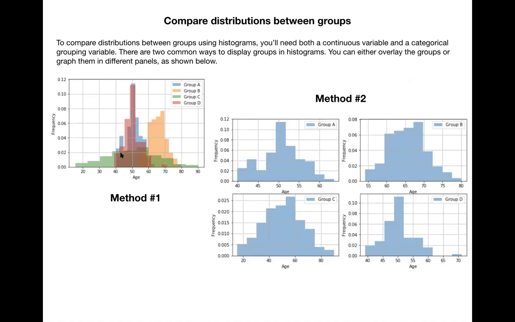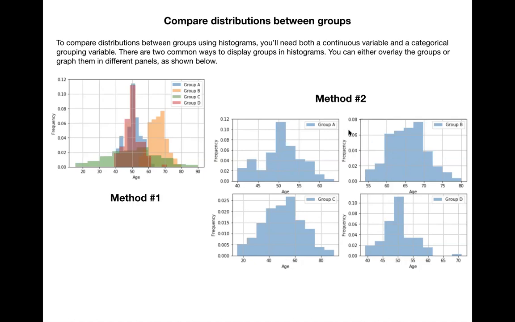It's pretty clear to see the differences between these distributions, but it's really busy, right? Everything is clustered together. The second method will just use subplots as we used before. So you can generate a histogram for each data group, A, B, C, and D, right? That's much more clear, but you don't have the comparison directly like this.